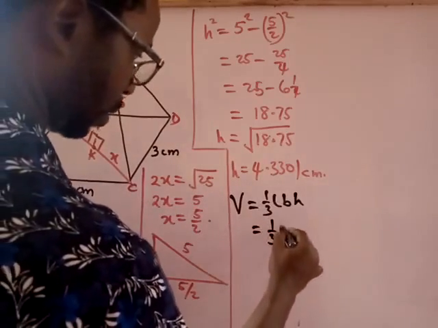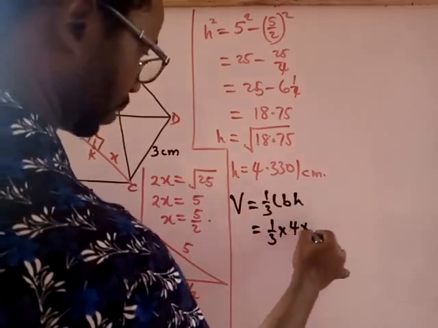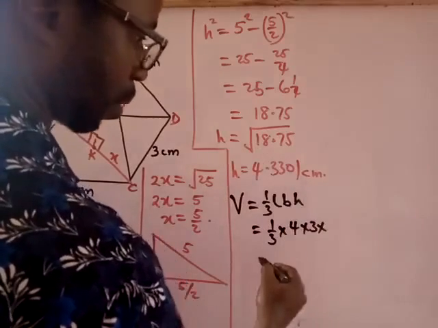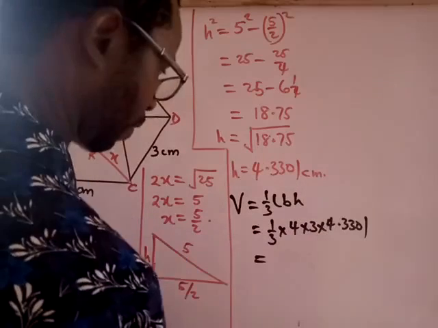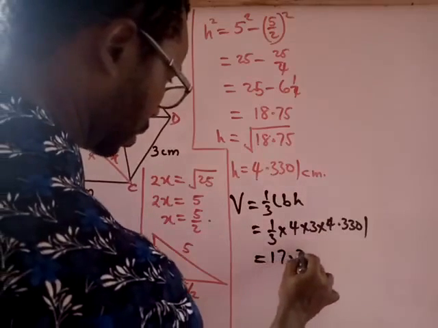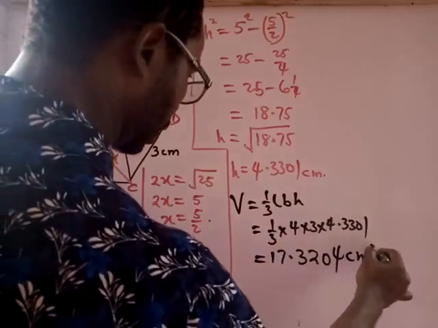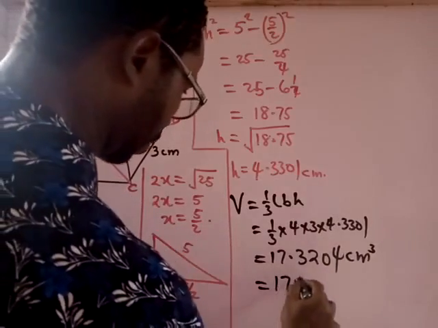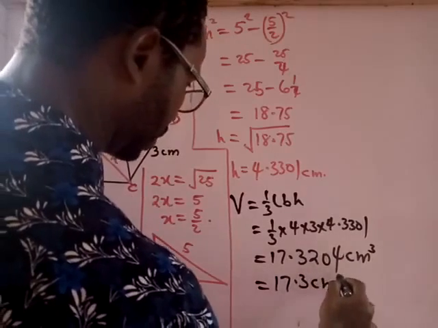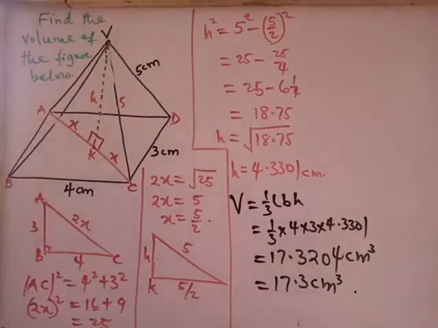And this is 1/3 times the 4 times the 3 times the 4.3301 we just calculated, which gives 17.3204 centimeter cube, which you can write as 17.3 centimeter cube. That's how to find the volume of a rectangular based pyramid.